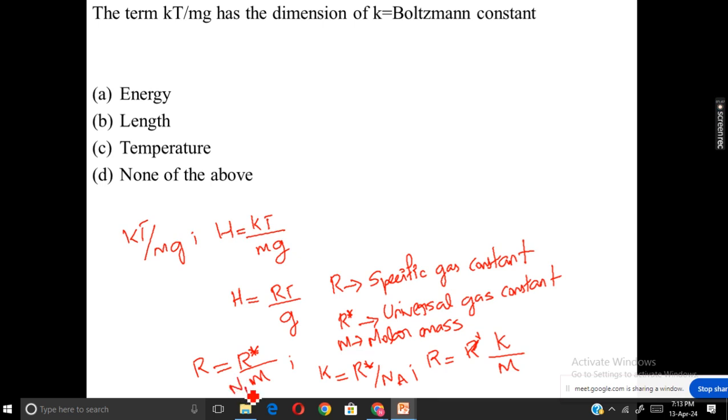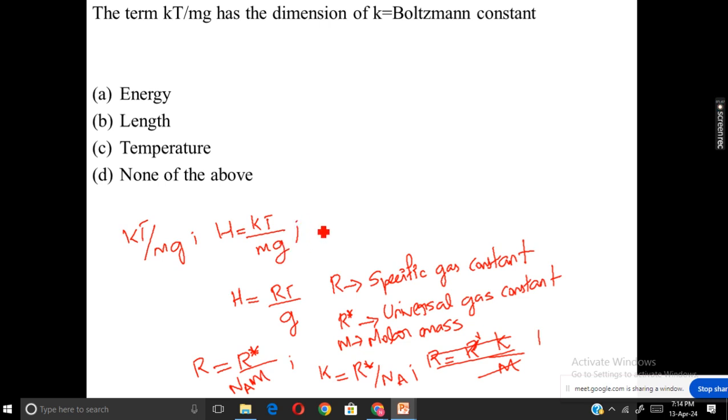R is basically R star by Na into m, so R can be written as R star by Na into m. And k is basically R star by Na. So if we substitute the value of R over here, in terms of k, it will be kT by mg.